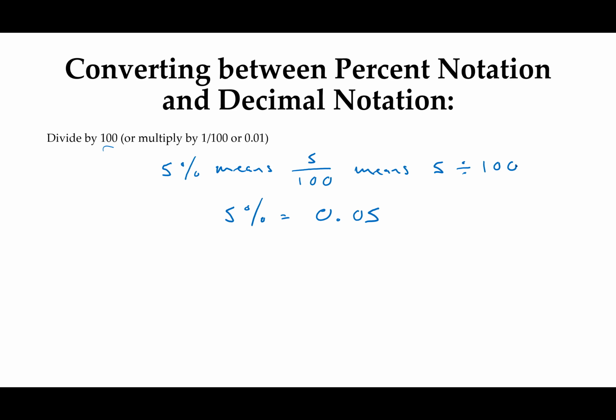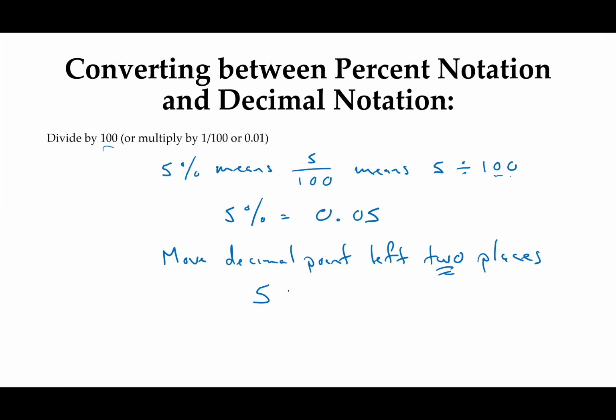That's what the dividing by 100 does, right? There's the ones place, the tens place, the hundreds place. 2 zeros here. So we're moving left 2 decimal places. And so we might think of it that way: move the decimal point left 2 places. Now you might say, well, hey, wait a second, 5%, I don't see a decimal point.